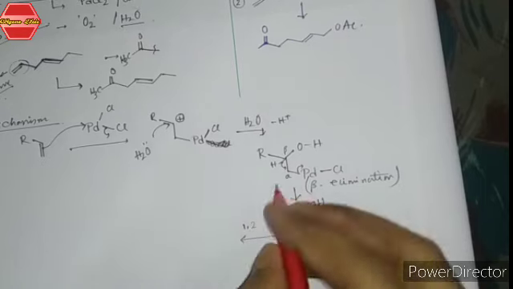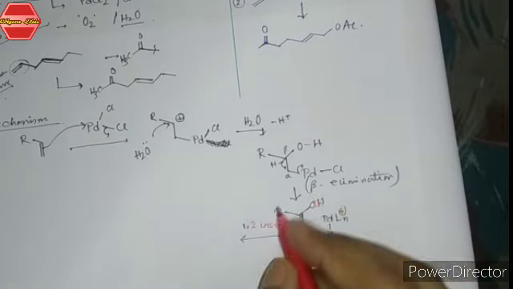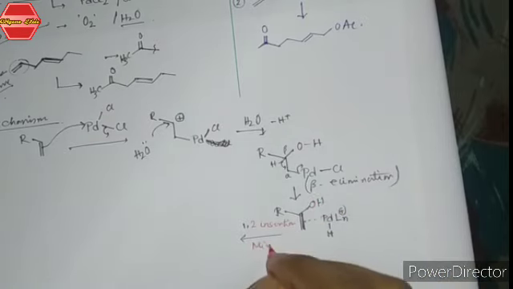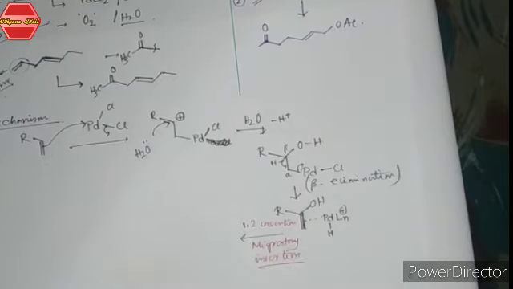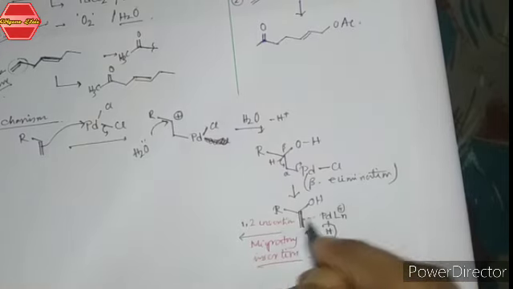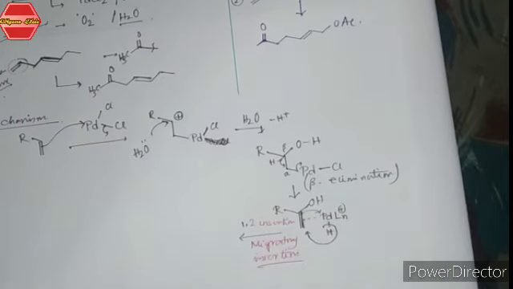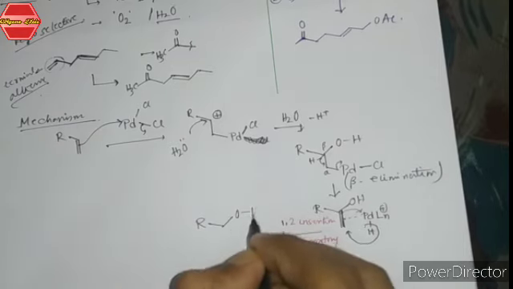After that, one more important part is the 1,2 insertion. This insertion is typically called migratory insertion. So what is migratory insertion? Migratory insertion is nothing but this hydride attacking over here, and this bond attaching to the palladium center. Now this is your product.